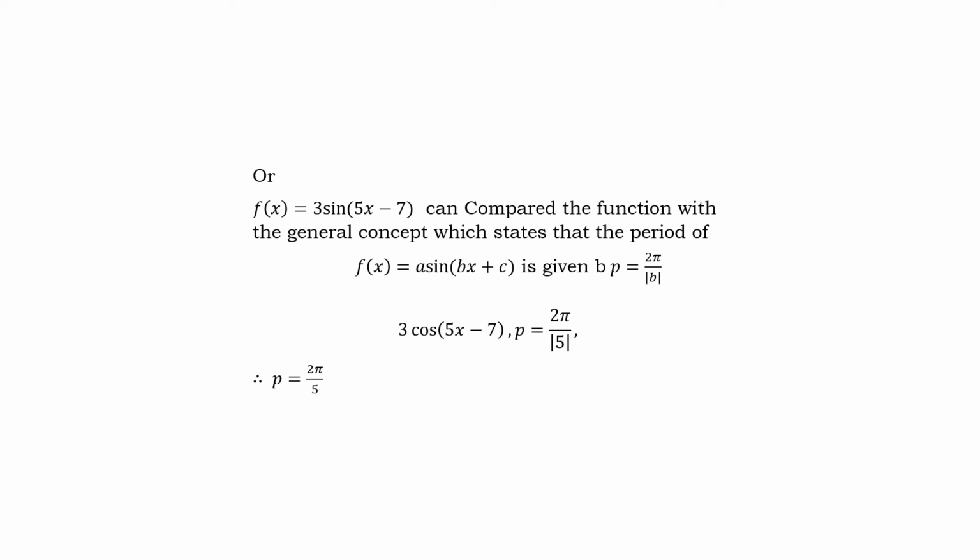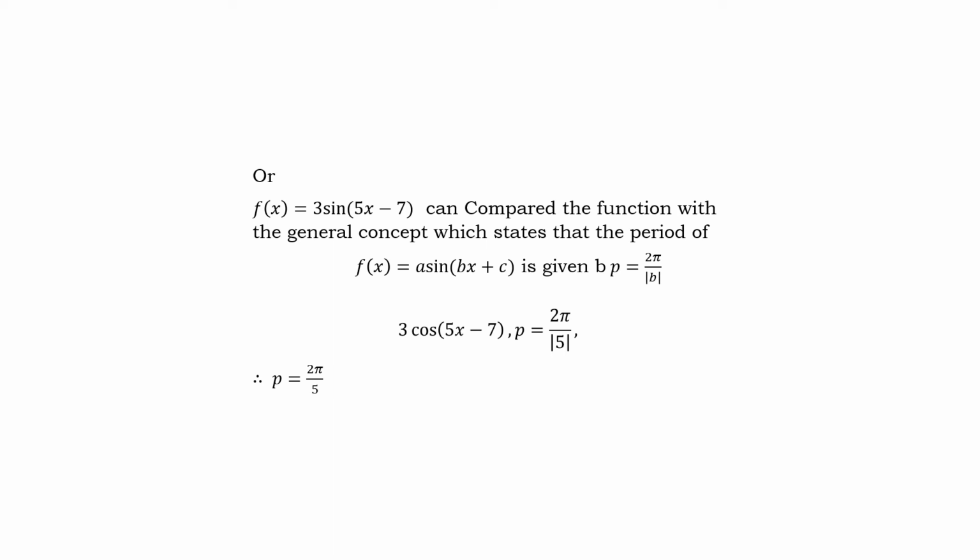For the general case, we can also find the period by using this concept, where the period of the sine function a sin bx plus c is given as p equals 2 pi over b, where b is the coefficient of x in our trigonometric function.